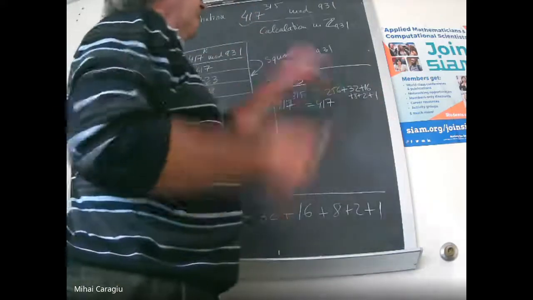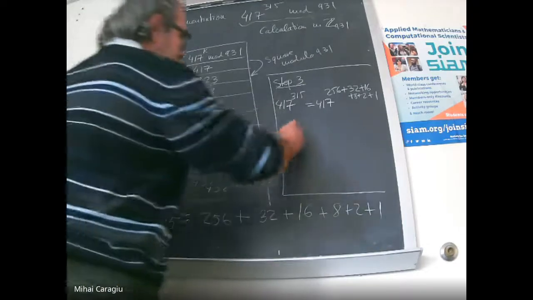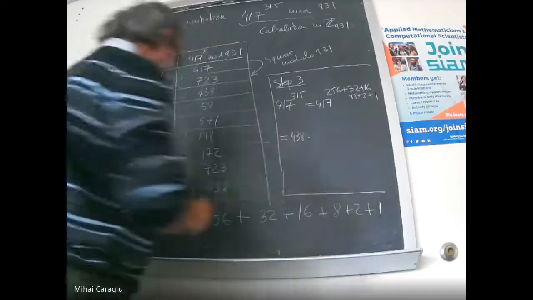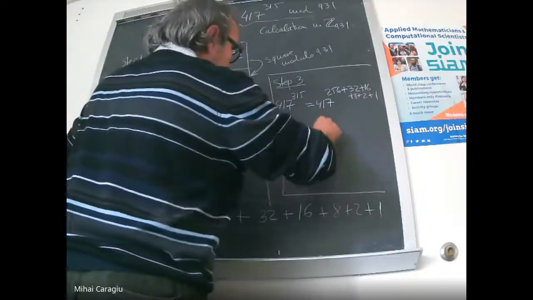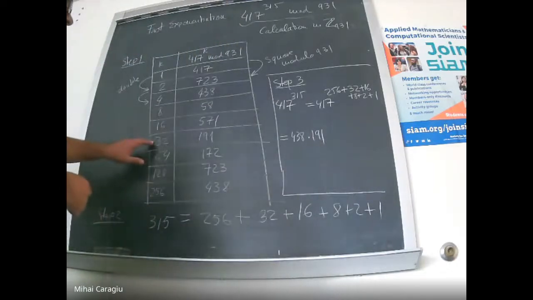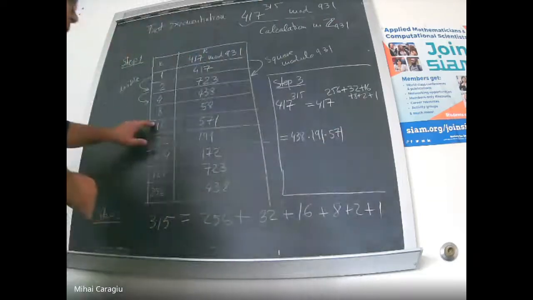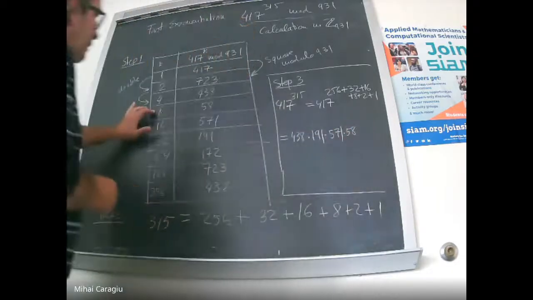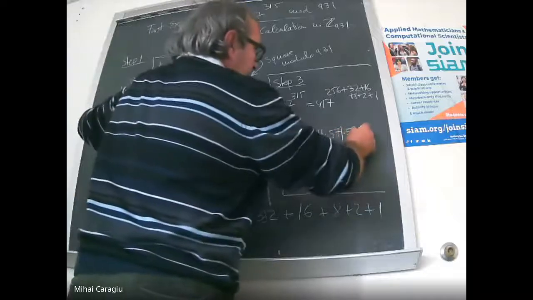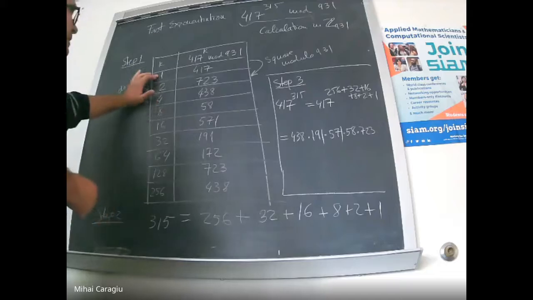Again, the exponential of the sum is the product of the exponentials. 417 to the power 256 is 438, times 417 to the power 32, which is 191, times the 16th power, 571, times the 8th power, 58, times the second power, 723, times the first power, 417.